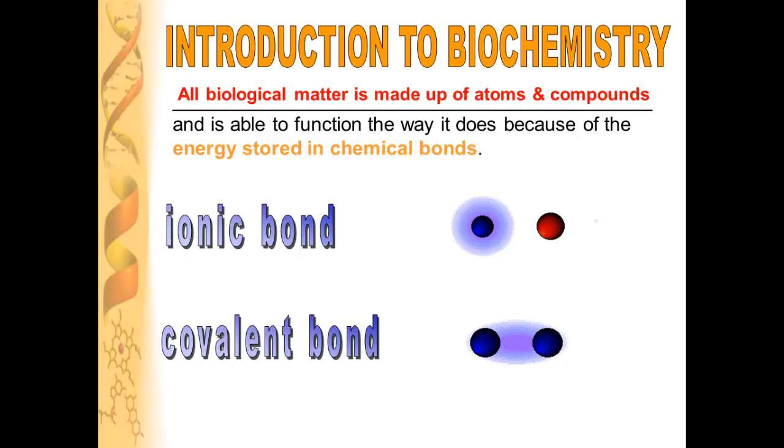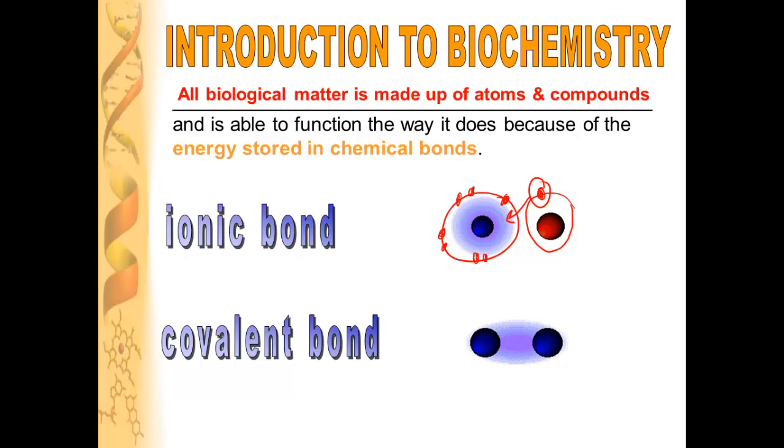Atoms all want to be stable. If a metal has an extra electron in its valence shell, its outermost shell, and a nonmetal needs one more electron in its outer shell to have a full outer shell, then they can both become more stable if the metal gives its extra electron to the nonmetal.